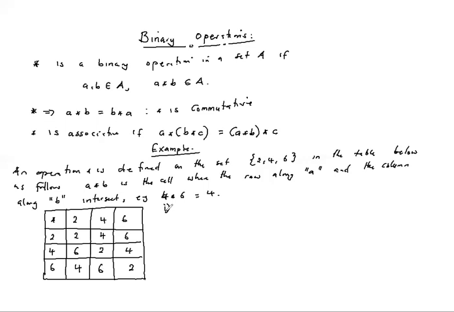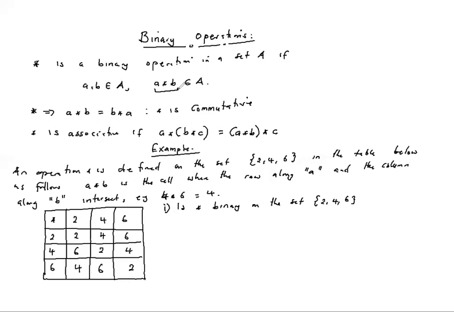is this operation a binary on the set? So is star binary on the set 2, 4, 6? Let's see. We said it will be binary if, when we add two elements from a set, we get an element in the very set.